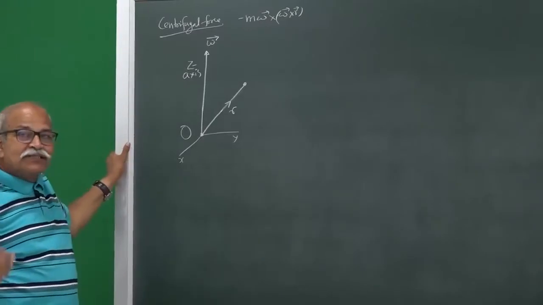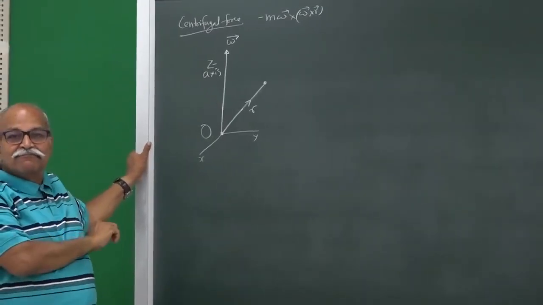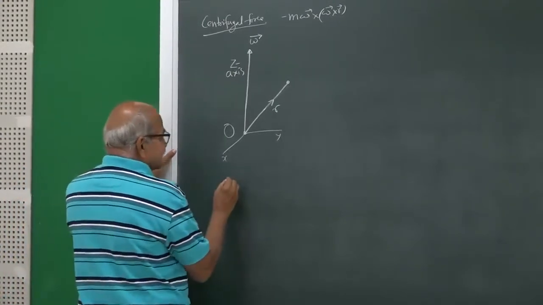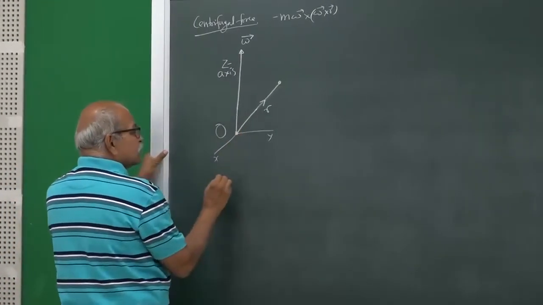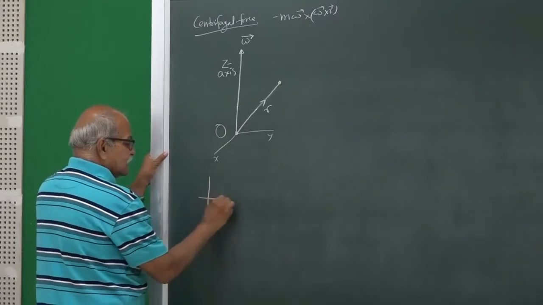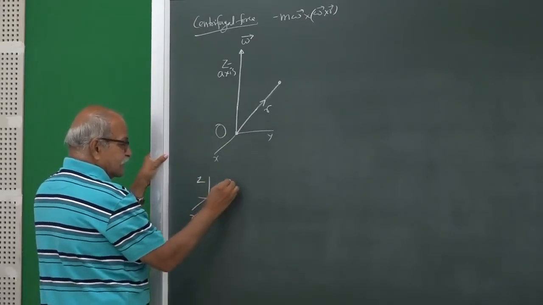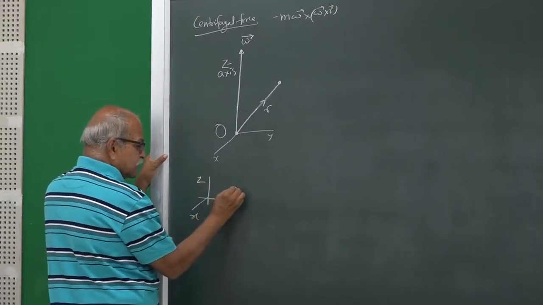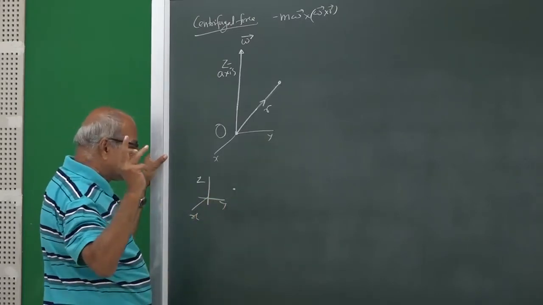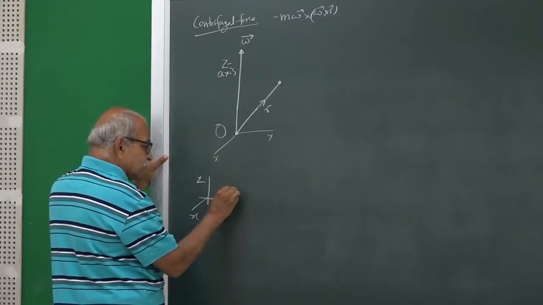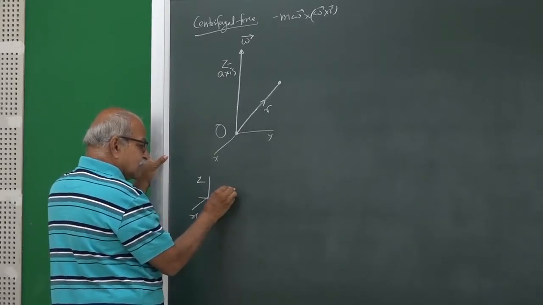So, let me use the cylindrical coordinate system. In the cylindrical coordinate system, the position of the particle is defined by three quantities. If this is z, this is y, this is x, and here is the position, you drop a perpendicular from the particle to the z axis.